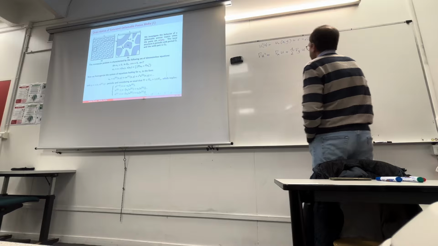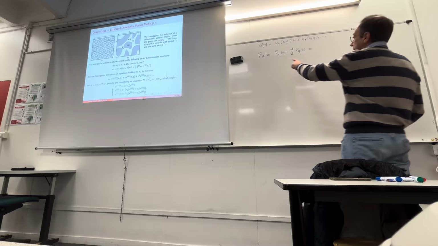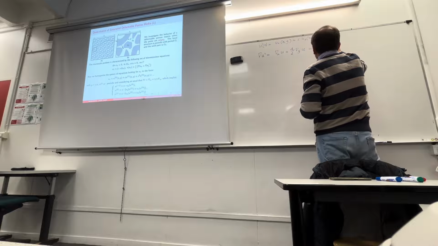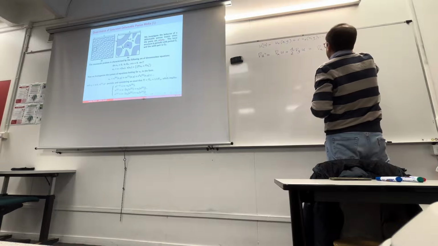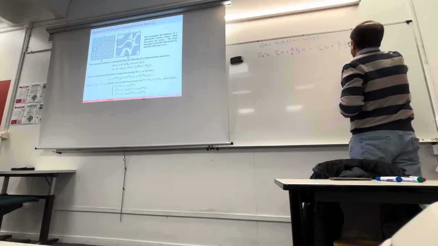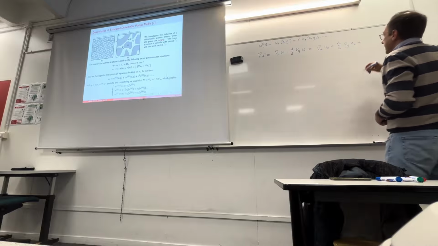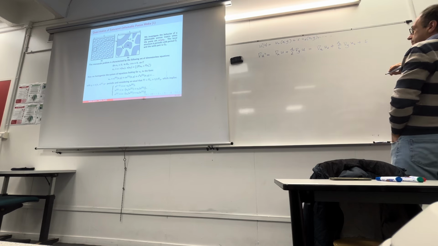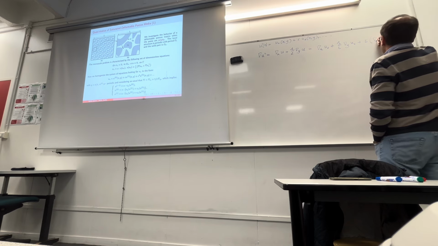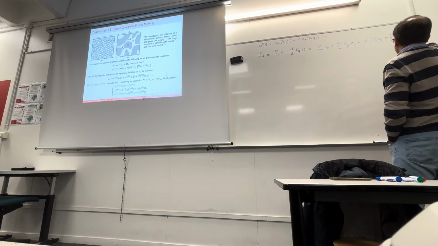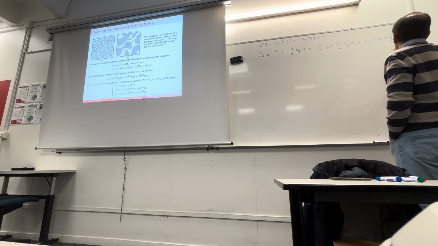So this means that we have to replace everywhere this expansion. So we have gradient x of u naught plus 1 by epsilon gradient y of u naught plus epsilon gradient x of u1 plus 1 by epsilon gradient y of u1 and so on. No?